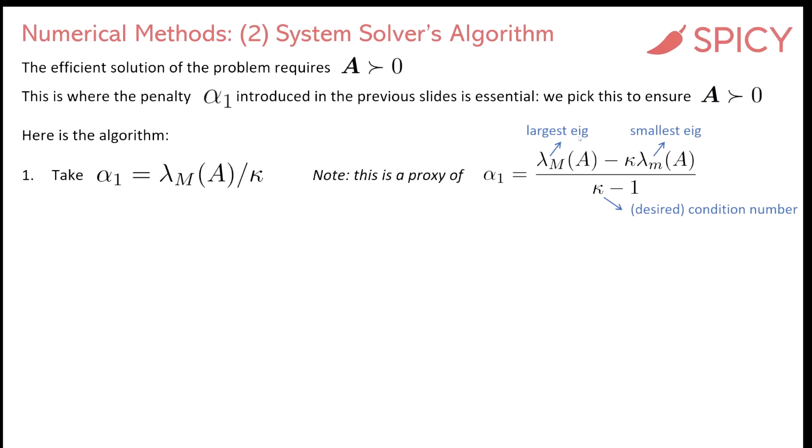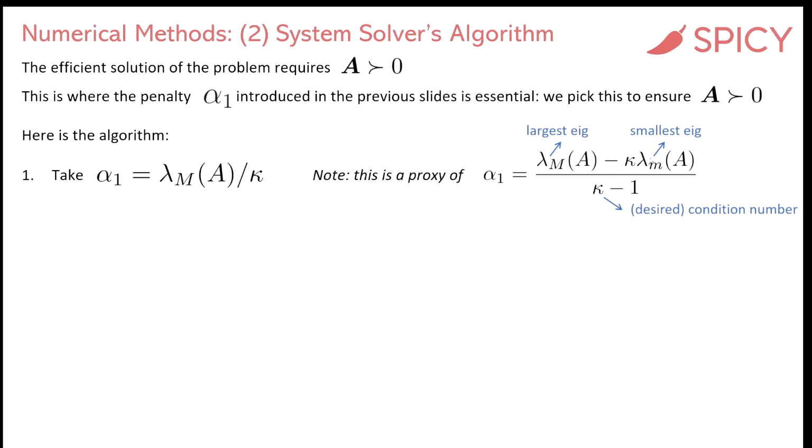Computing the largest eigenvalue of A is not very expensive, but computing the smallest eigenvalue of A is very expensive and also very imprecise. So what we did here was to simplify this relation. K usually is a very large number, so you can easily forget about this one, but this product is not necessarily something you can forget about, because K is very large, lambda is very small, the product might not be so small.